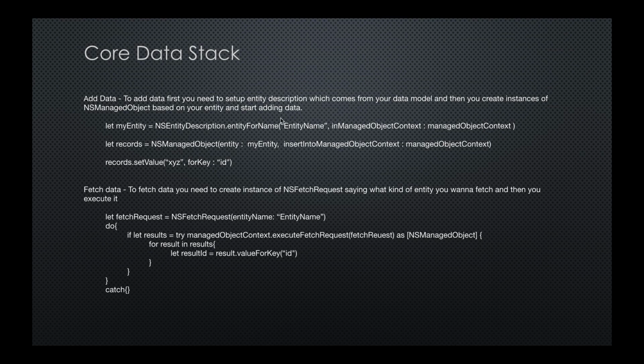For saving, for adding records in your table, you have to create an entity description, and then you have to create an instance of the record. Because you're saving a record, you have to create an instance of the record by using the entity name and a managed object context, and then set value and then save it. So add data and fetch data, these two things are very common for Core Data.